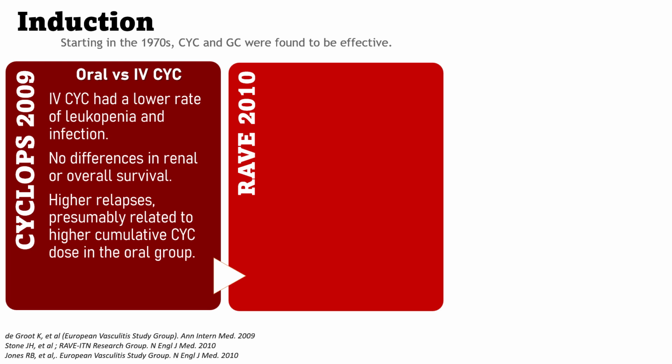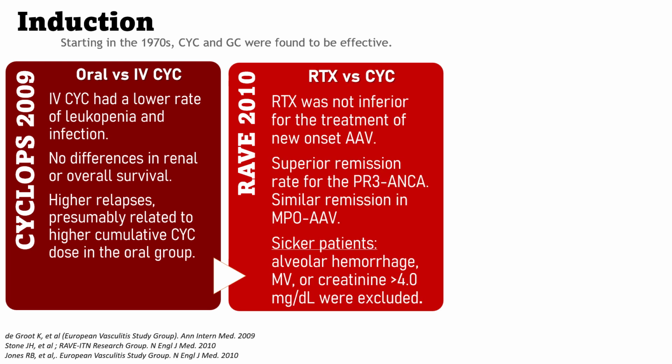We have the RAVE trial in 2010. They compared rituximab versus cyclophosphamide, and rituximab was not inferior to cyclophosphamide for treatment of new-onset ANCA-associated vasculitis. And in subgroup analysis, there was a superior remission rate for patients with PR3 ANCA, but similar remission in MPO ANCA.